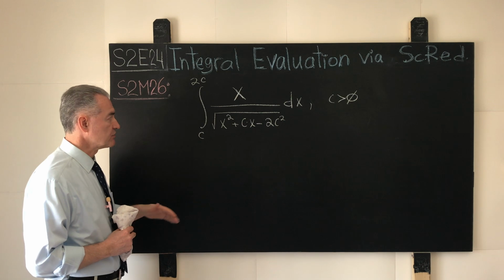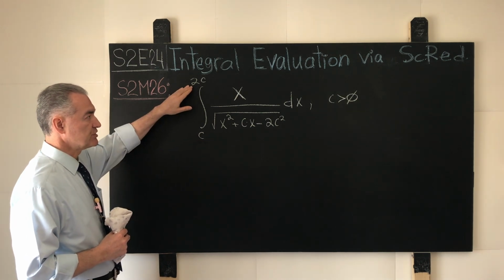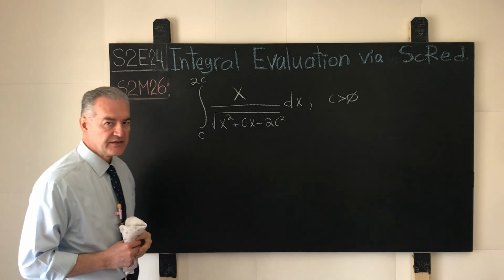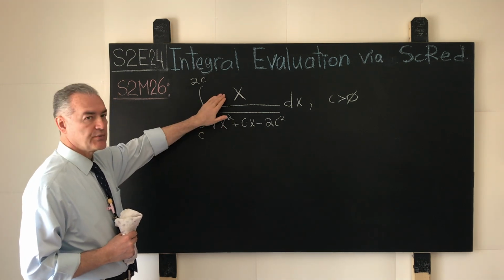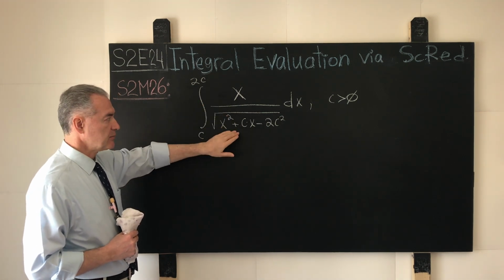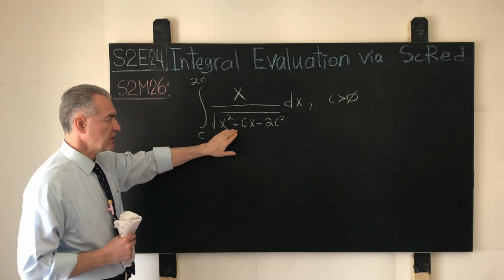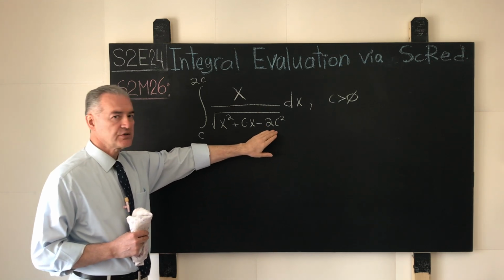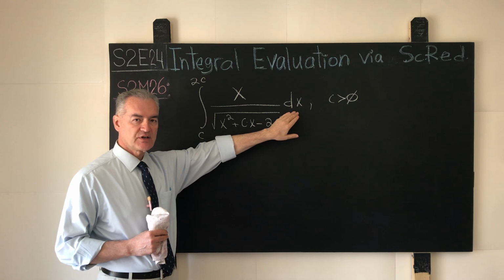The boundaries of integration are: the lower boundary is c, the upper boundary is 2c. C is a strictly positive real number, and the integrand in this case looks as follows. In the numerator, we have the single copy of x. In the denominator, we have a square root of x squared plus c times x minus 2c squared, and the integration is carried out with respect to the dummy variable x.